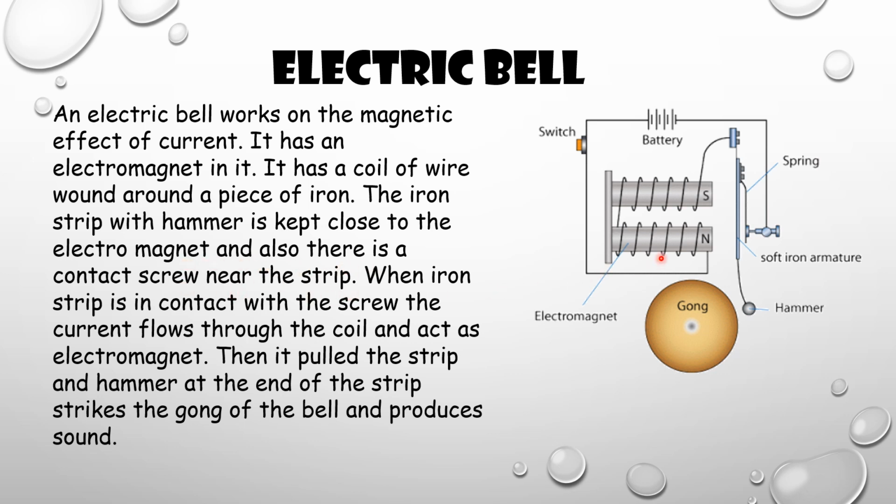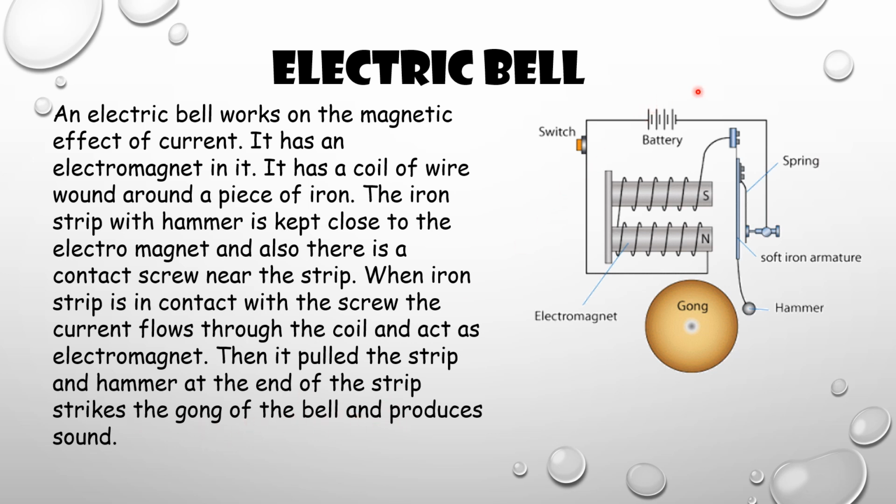So you can see in this picture, here one strip is here, okay, and that strip is attached to a screw. When the iron strip is in contact with the screw, the current flows through the coil and it acts as an electromagnet. Then it pulls the strip, and the hammer at the end of the strip strikes the gong of the bell and produces sound.